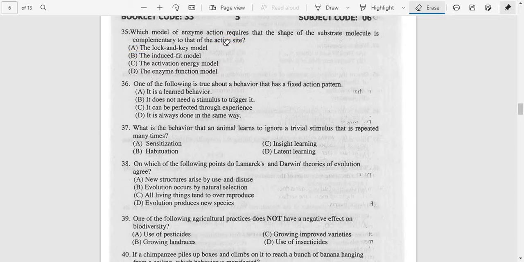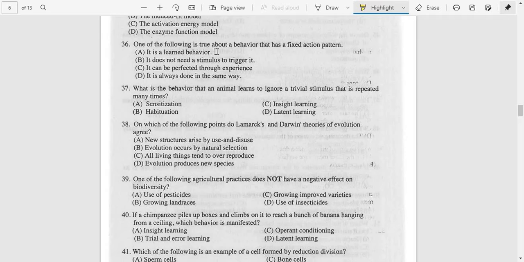The induced fit model says the active site changes shape a little when the enzyme-substrate complex forms, and the enzyme then bonds. So our answer is the lock and key model.